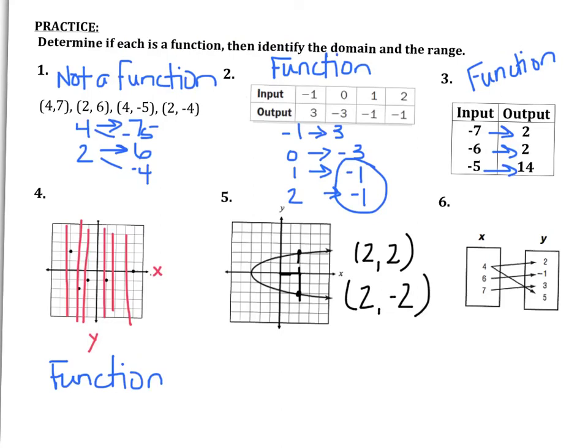Notice that an input of 2 has two different outputs: 2 to 2, and 2 to negative 2. So no, this is not a function. There are several places all along there where the input has two different outputs. So this here is not a function.